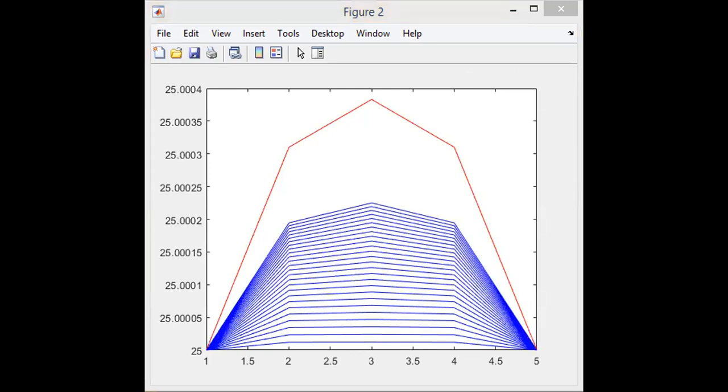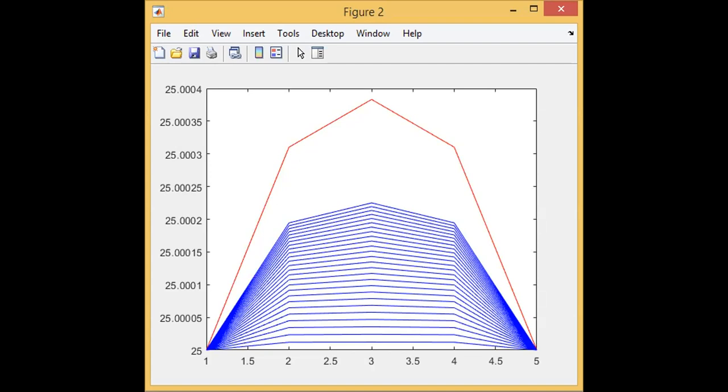Now obviously, as this particular process is going to be repeated, we are going to approach the steady state solution. So we are somewhere approaching the steady state solution. And the thing which also has to be noticed is that as you are approaching the steady state solution, the gap between the two successive temperature curves is decreasing.